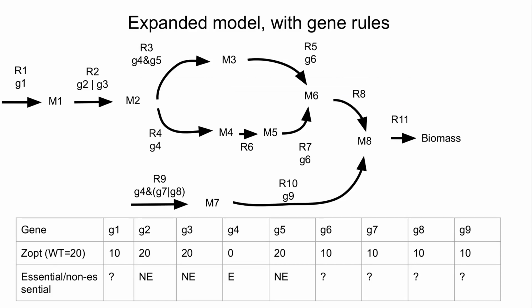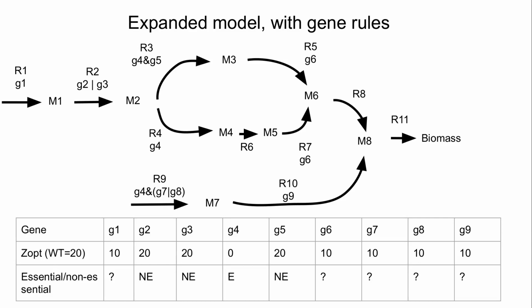Moving on to G7. Knocking out G7, I have actually made a mistake here in the slide. We see that knocking out G7 will not have an effect on R9, because if G8 is still available, then G7 is not necessary.